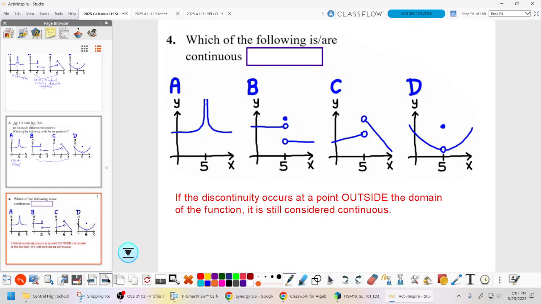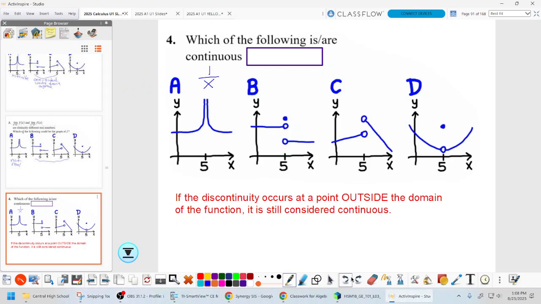Okay, by the way, this function is a rational function. It's not this one, but it's some version of 1 over x. Remember 1 over x was this graph? So whether or not from one side it goes to positive and the other side goes to negative infinity, that's okay, because what is the domain of a function like that?